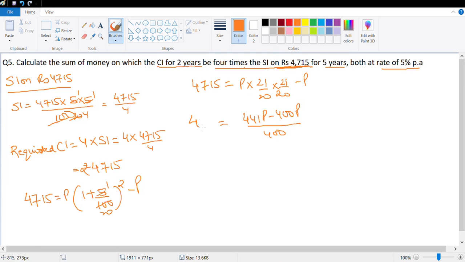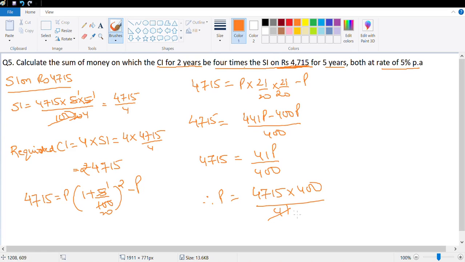Just taking the LCM and subtracting these two, what I have is 4715 is equal to 41P upon 400. Therefore, P would be 4715 into 400 upon 41.